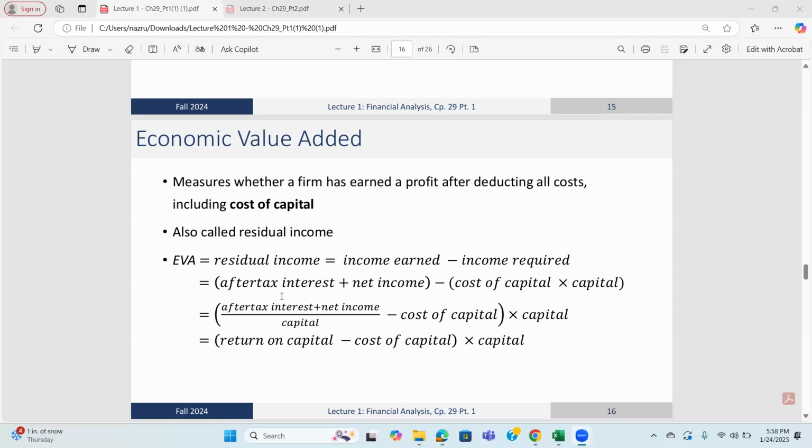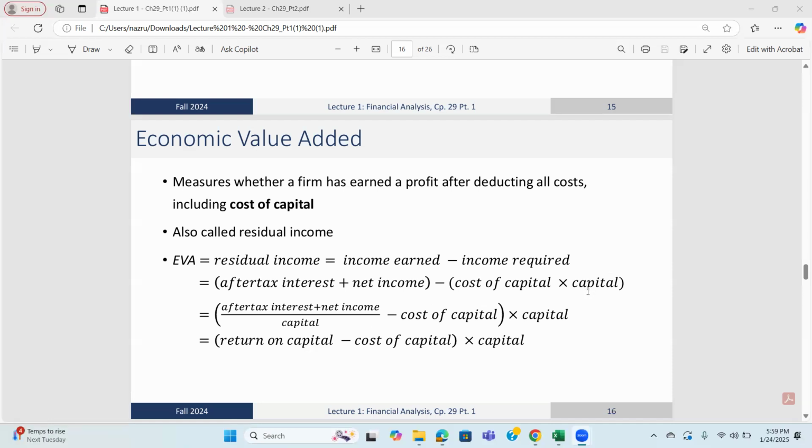Okay, so the income earned, we can expand it by after tax interest. We know that for interest, we have tax advantages. So if we are given a tax rate, we have to adjust that. So that's how we get after tax interest, and we add net income with that. And the income required is for our total capital, it should be the cost of capital.